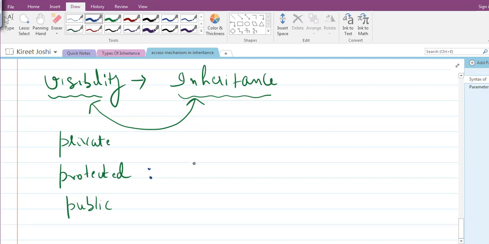If we are working with a single class, and there is no inheritance concept, then we are not going to use protected, because there is no use.